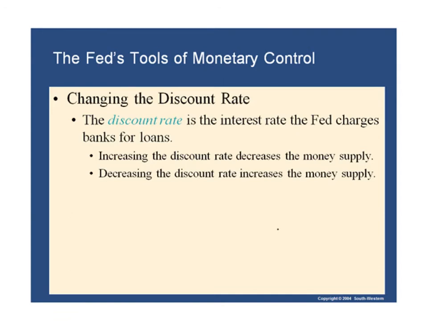Banks behave much like people in that if the Fed increases the discount rate, that would decrease the money supply, because when it's more expensive to borrow money, banks do it less. And decreasing the discount rate increases the money supply, because when it's cheaper to borrow money, banks do it more. So to decrease the money supply, they increase the discount rate. To increase the money supply, the Fed decreases the discount rate.